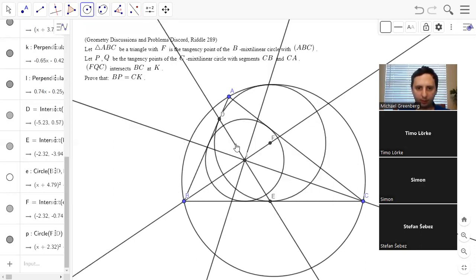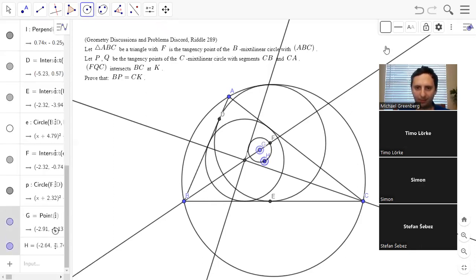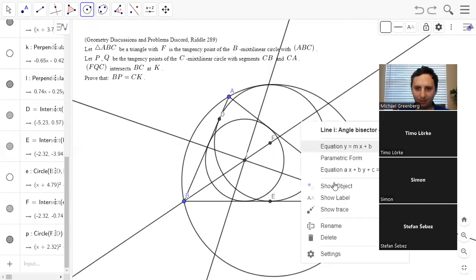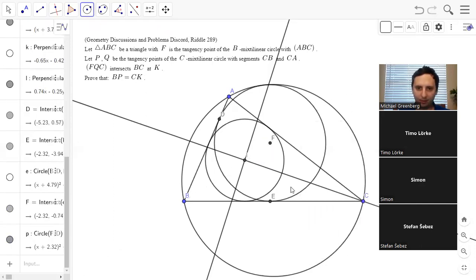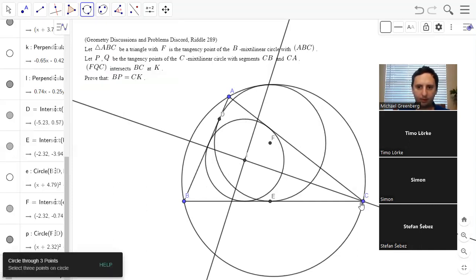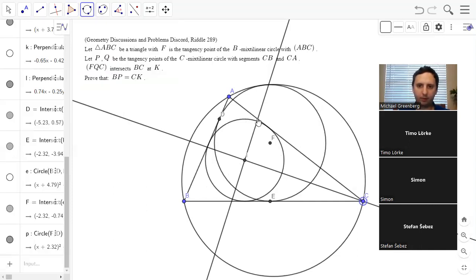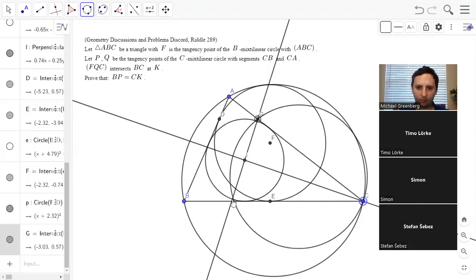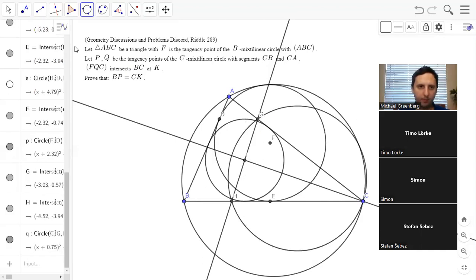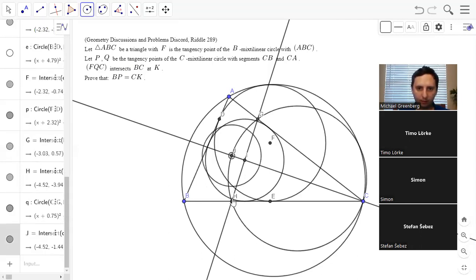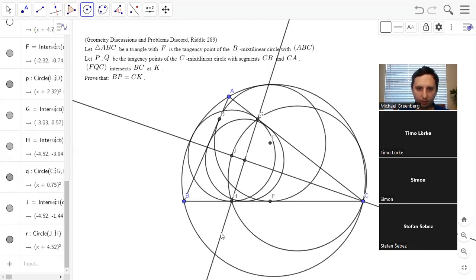Let me hide everything I did. Then I'm going to draw the other one. I think this is the fastest way I've seen to draw the mixed linear incircles. Okay, so we have both of those.